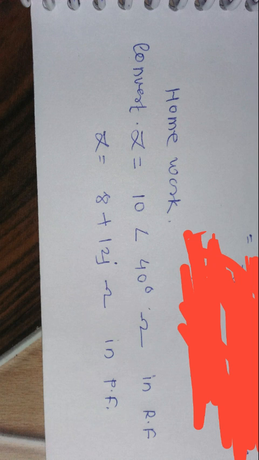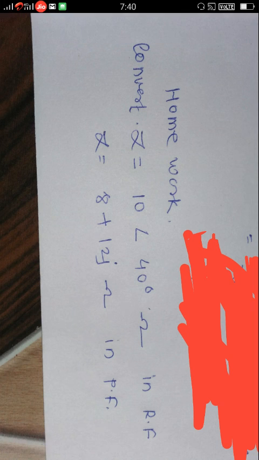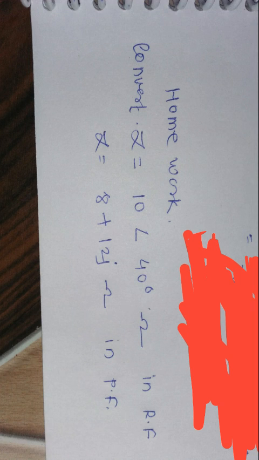The first quantity you have to convert into rectangular form, and the second quantity you have to convert into polar form. We have already discussed some formulas in this video. Please go through them and try to solve this example as homework.